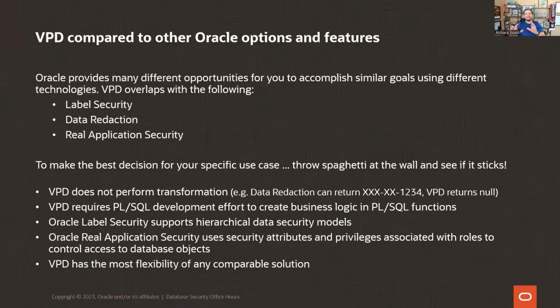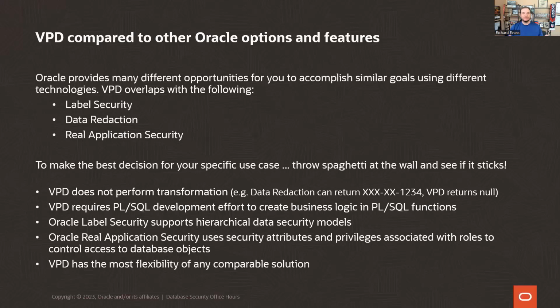So they kind of do similar things. They approach it from different angles. They have different capabilities. So it really just depends. And as Dan said yesterday, look at your use cases, give them a try, throw that spaghetti at the wall, see which one works best for you.